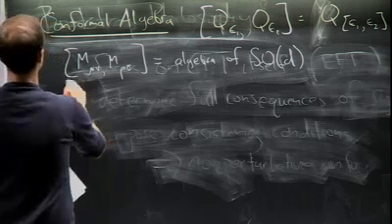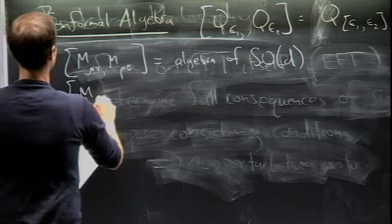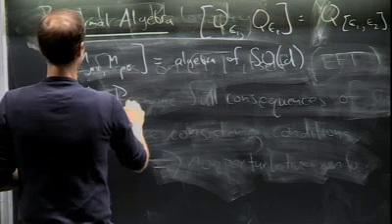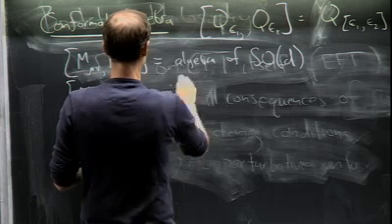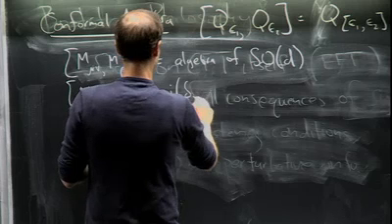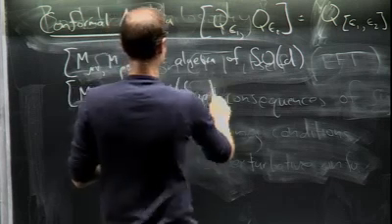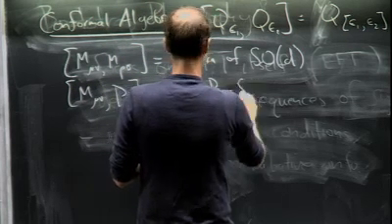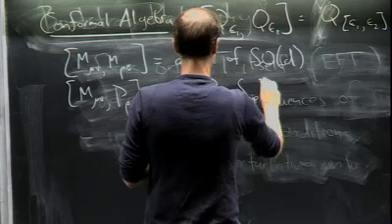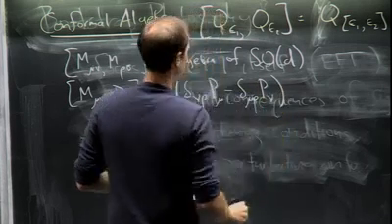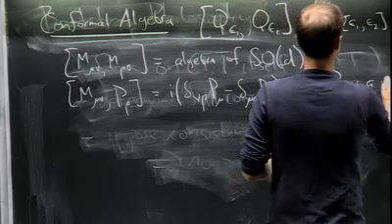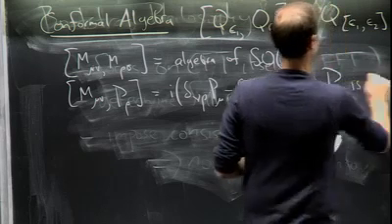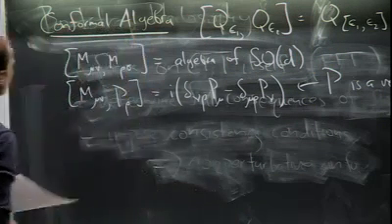And similarly, a commutator of M mu nu with P rho is just the following. And this just says that P is a vector under SO(D).